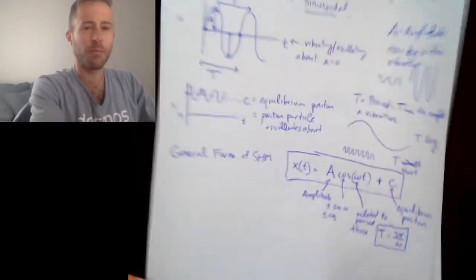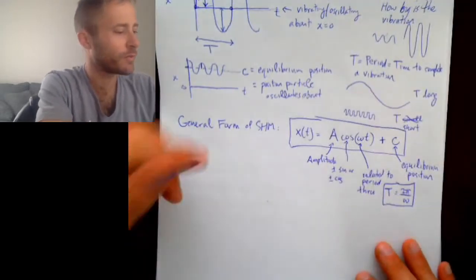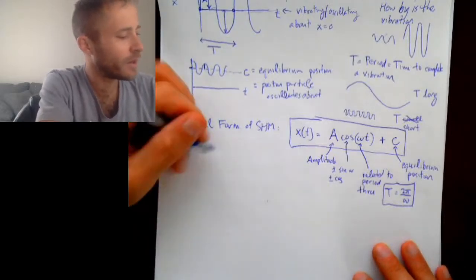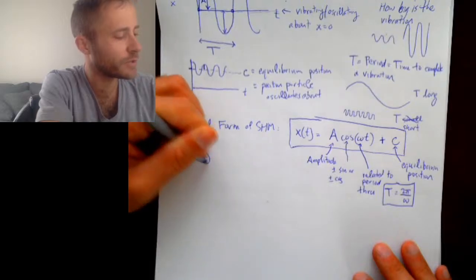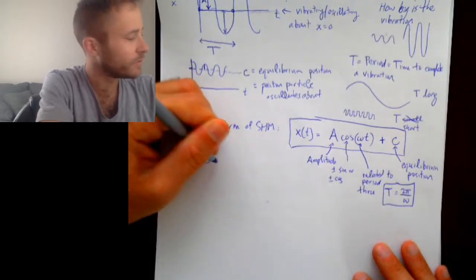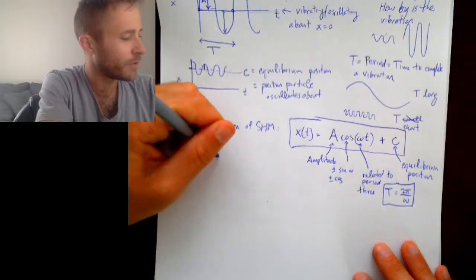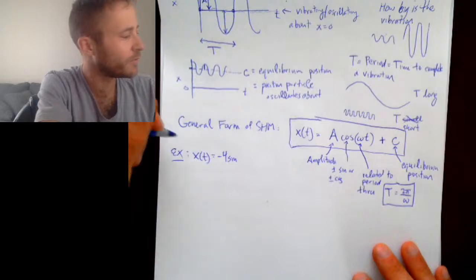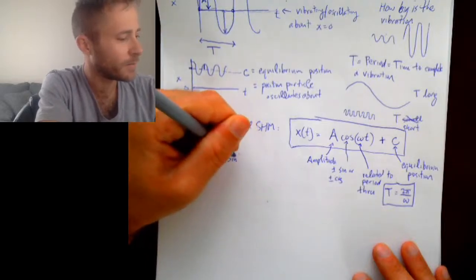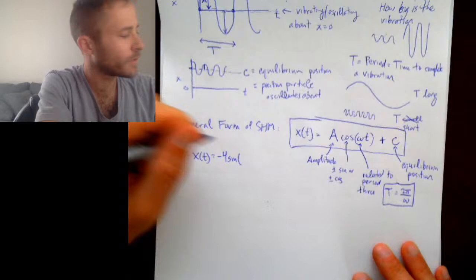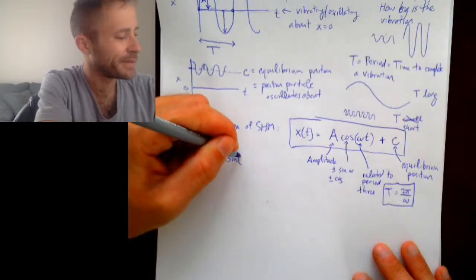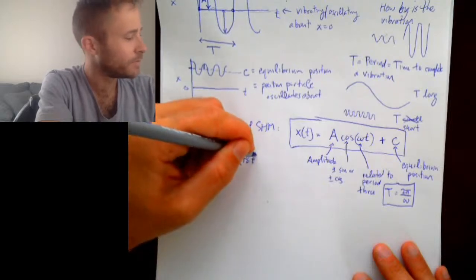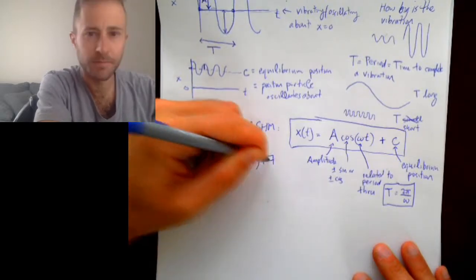So let's do an example and see how this works. So let's say your position as a function of time is x of t equals minus 4 times sine of, let's say, 78t plus 7.